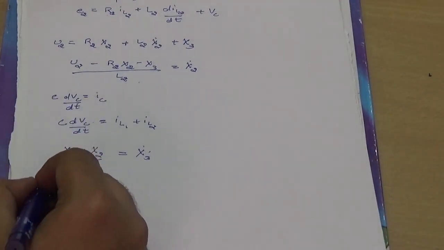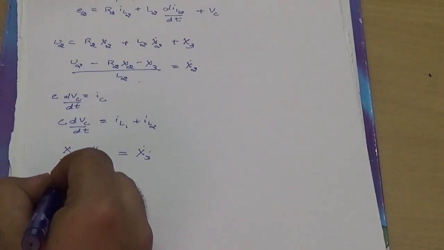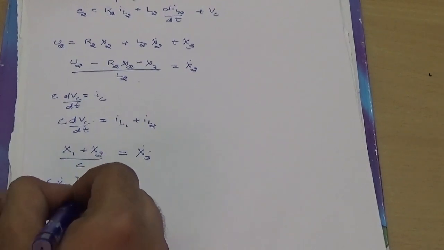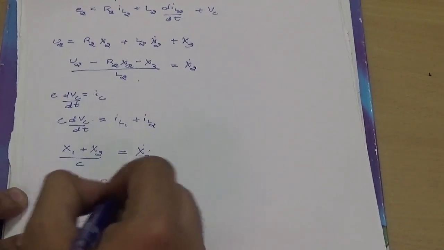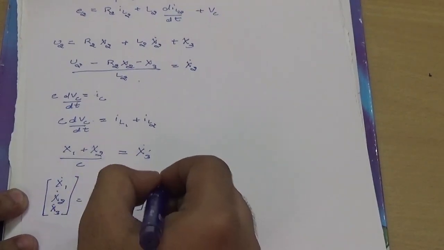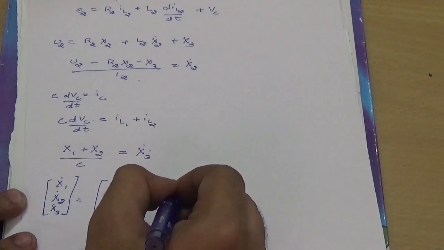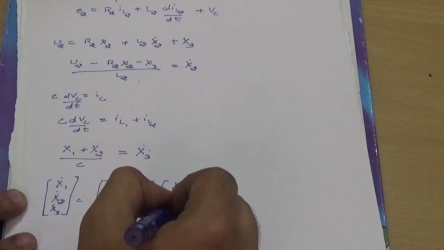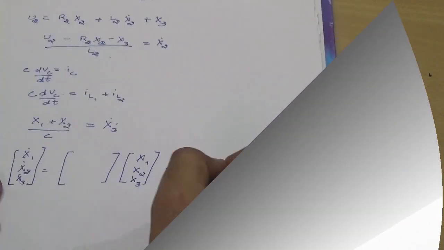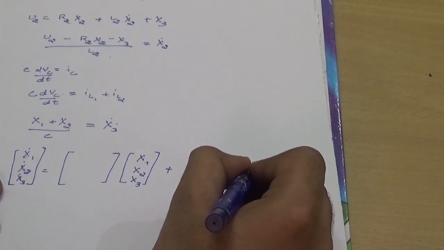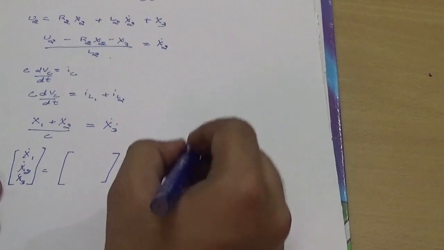The state model expression has got the standard format, that is x1 dot, x2 dot and x3 dot, which is equated to a 3x3 matrix. Why 3x3? Because there are three state variables, x1, x2 and x3, plus the input u of t multiplied by a matrix.